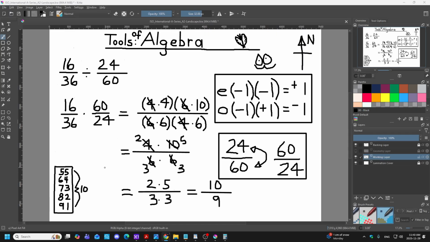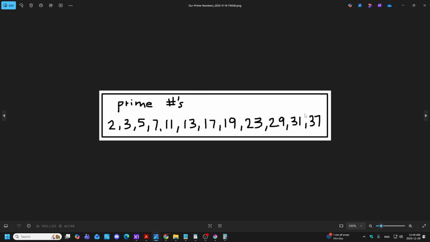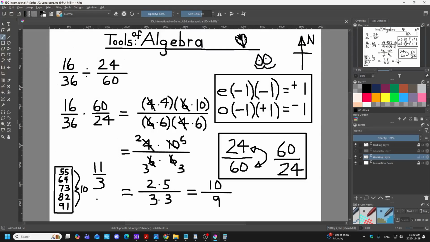Unless, of course, you have something like 9 divided by 3, right? 3 being a prime number, right? You could still do some work. But if you had some strange odd number like 11 over 3, you would be done, right? Because also 11 is a prime number. All right?